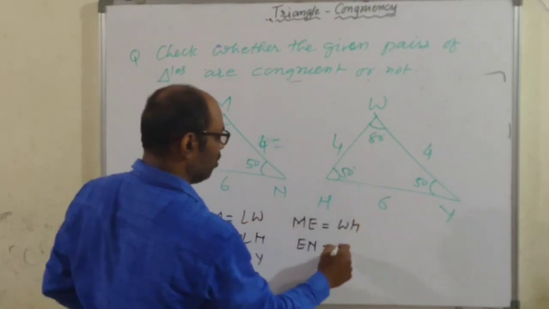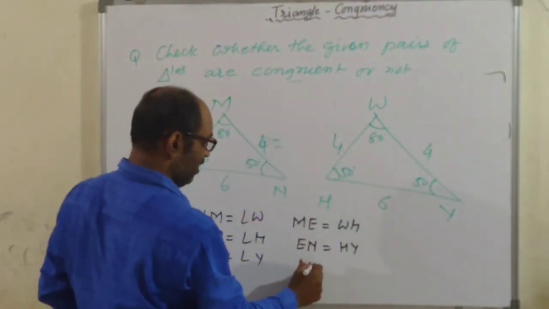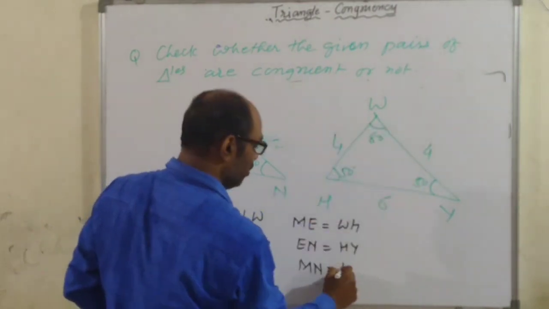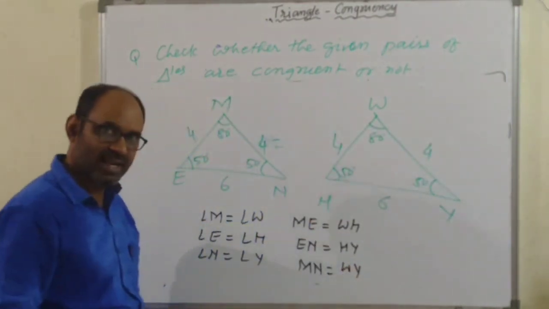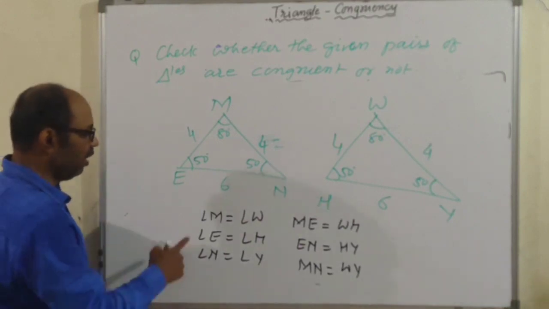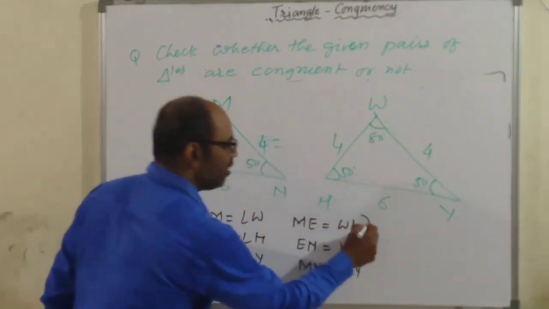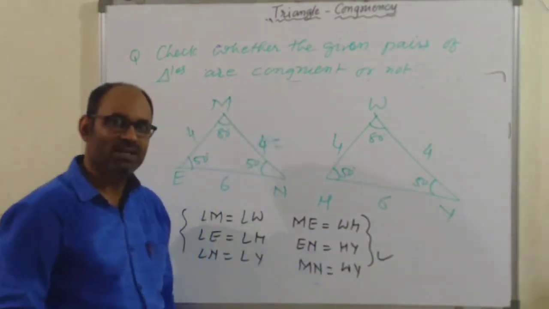EN is equal to HY and 6 each. And MN equal to WY. Correct? Alright. So all corresponding angles and all corresponding sides are equal.